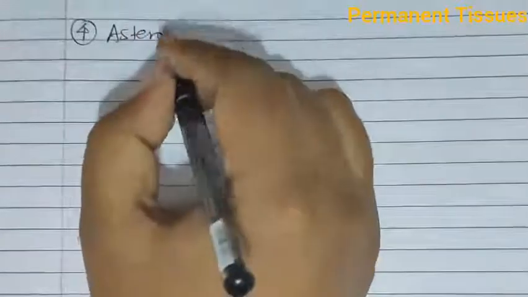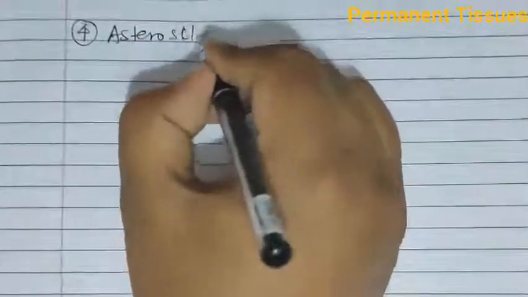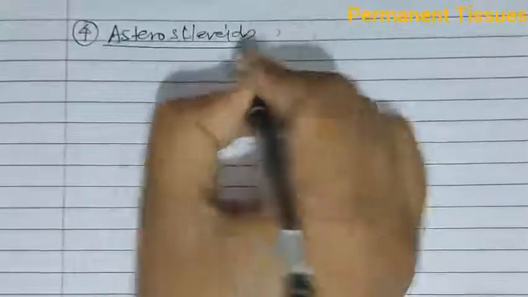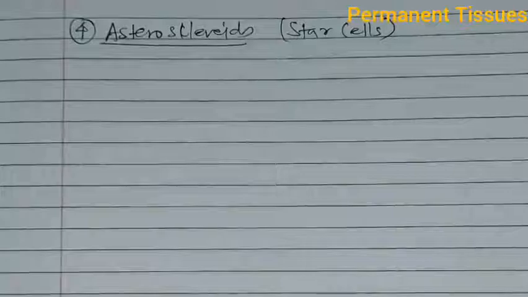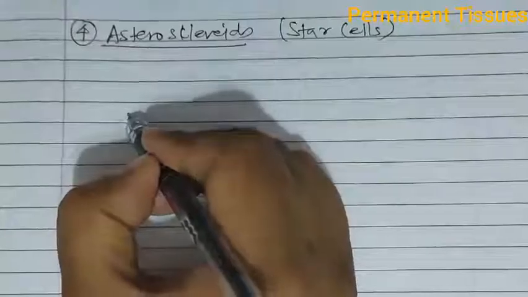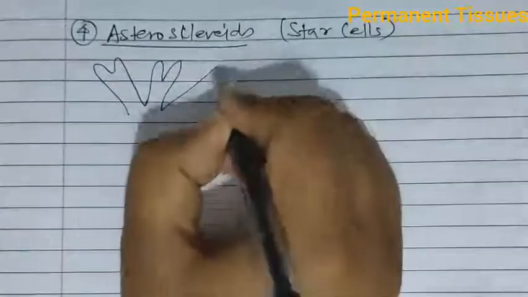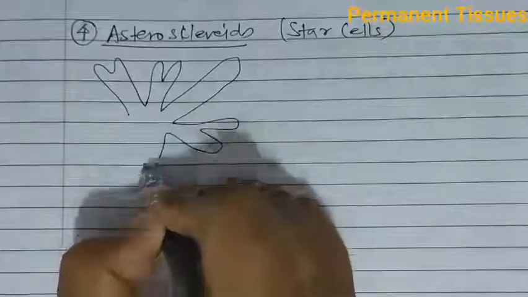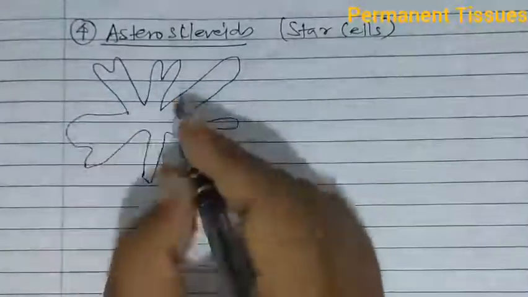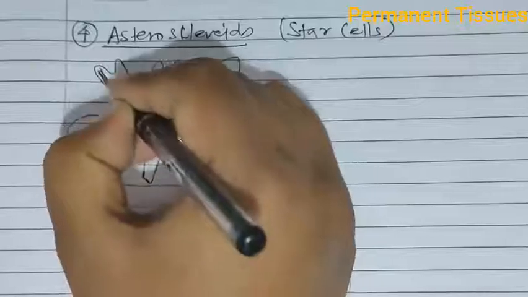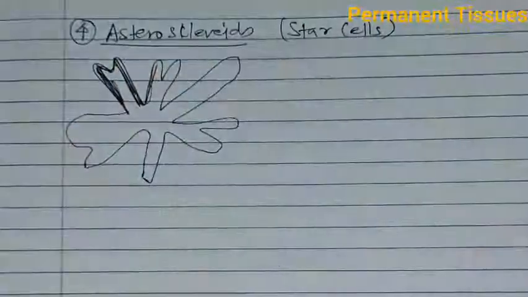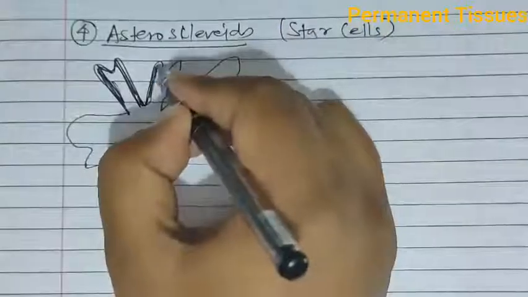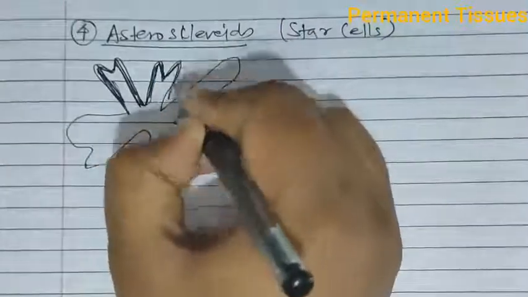Fourth is asterosclereids. These are star cells because they look like stars. If we draw their diagram, they look like this, with a thick wall.